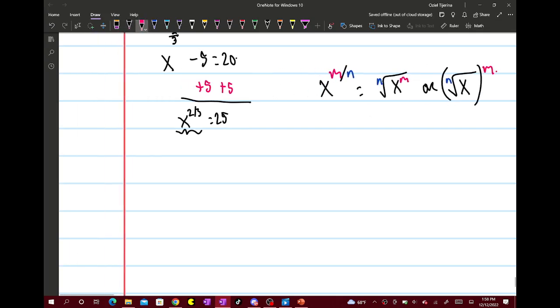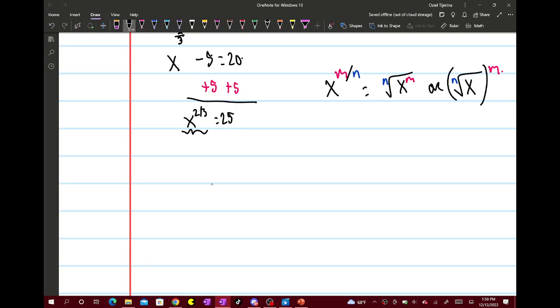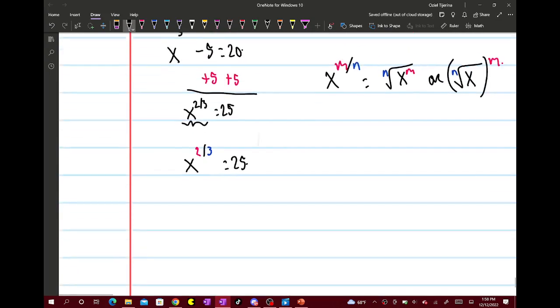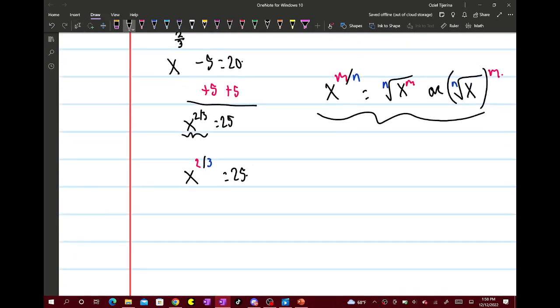So this would be x to the 2/3, and this is equal to 25. We can use this property here. So we can say this is the cube root of x, and then all raised to the 2nd power. I really recommend that you use this one, okay?